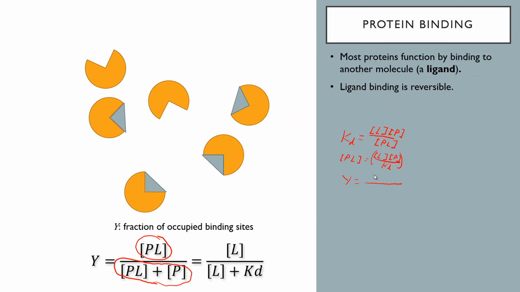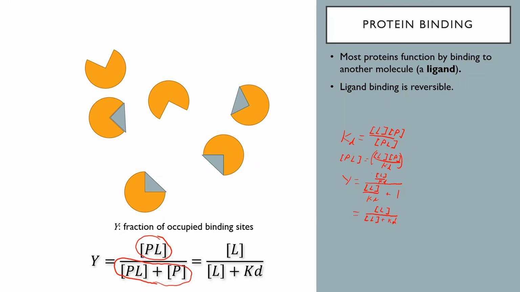It ends up being just the ligand concentration over that association constant, and then that same ratio down here, plus 1. And then that just rearranges into this. So you have free ligand concentration over the sum of the ligand concentration plus that dissociation constant.